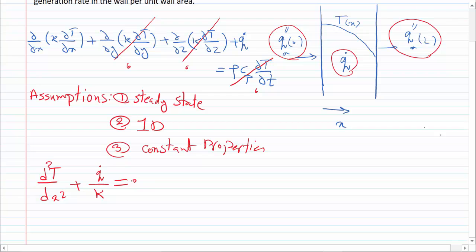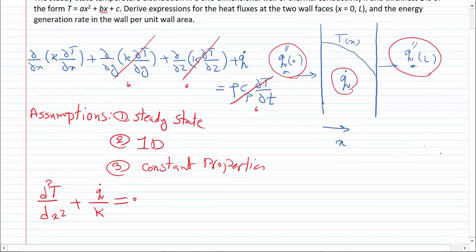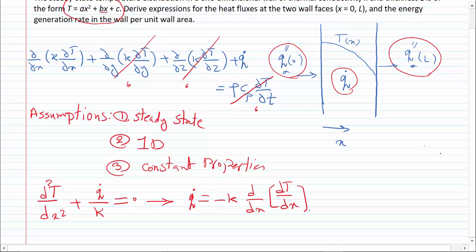Since I already have a function for temperature as a function of x, I can simply use that function and plug it in the equation that I just came up with to find a value for q dot. I'm going to do that. First I will write q dot is equal to minus k d/dx of dT/dx, which is simply the second derivative of temperature with respect to x. Now I can plug in the function.